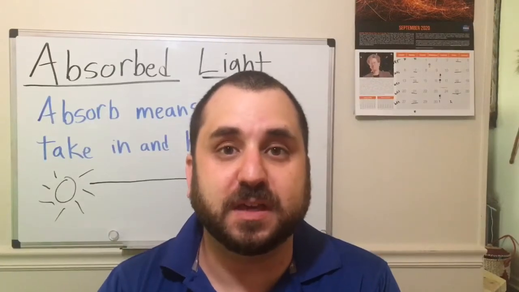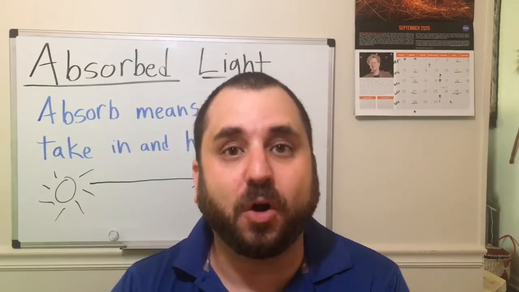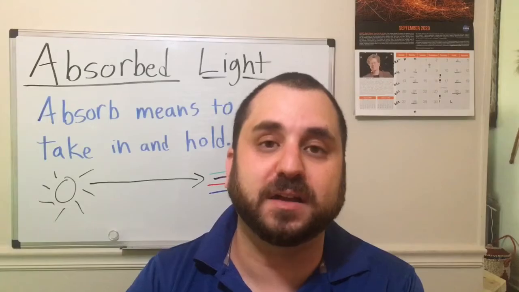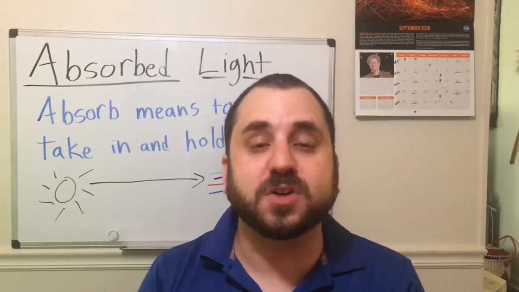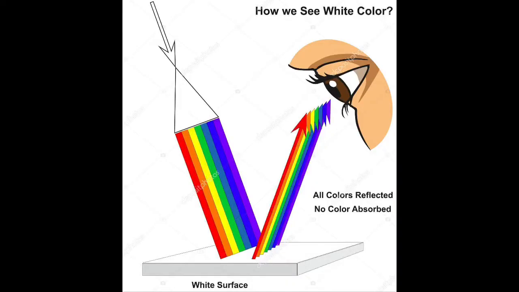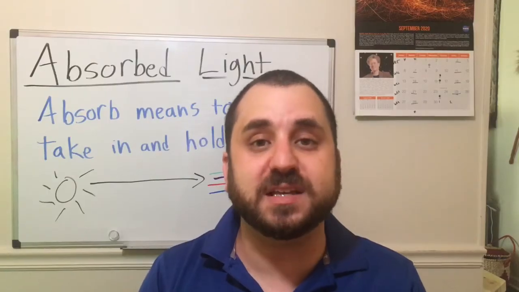So if something is red, then it's absorbing all the colors except for red. If something is green, like a leaf, it's absorbing or taking in and holding all the colors except for green, which will be bouncing off of that green color, like a leaf. This is also why white colors appear white, because they are equally reflecting all of the colors of the rainbow, so it stays looking white.